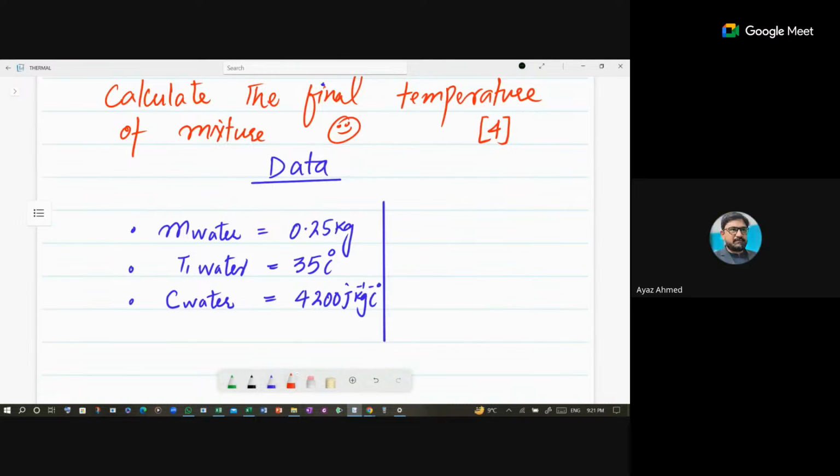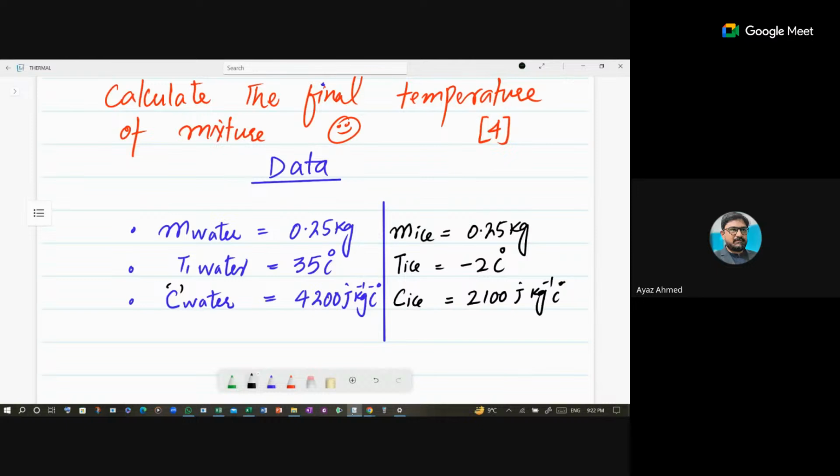Yes, sir. Now I need all of the information for ice. What was the mass of ice? The mass of ice was the same, 0.25 kg. What is the initial temperature of ice? Minus 2 degrees centigrade. And what is the specific heat capacity of ice? C is basically 2100 joules per kg per degree centigrade.